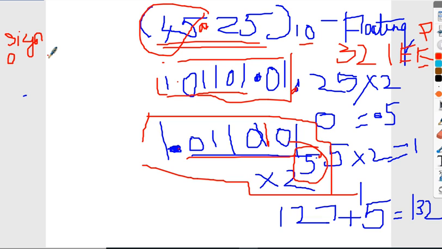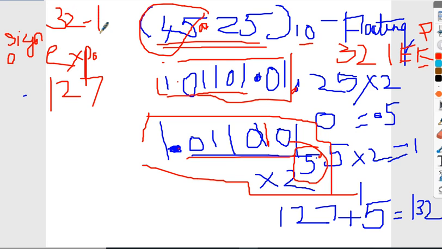Next is the exponent part. In the IEEE format, they added a bias value, which is 127 for 32-bit format. The exponent value is biased by 127.